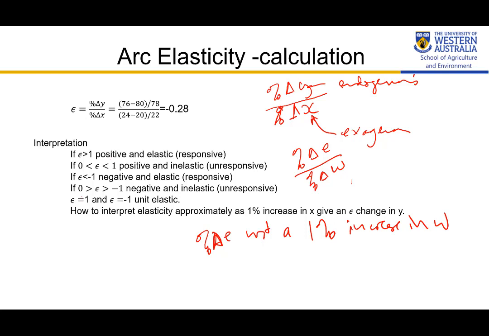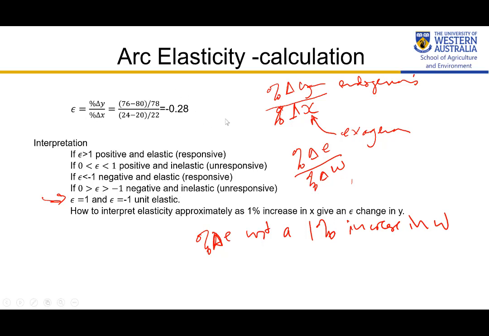If it lies between 0 and -1, then it's negative and inelastic. And then there are two borderline cases: elasticity equal to 1 and elasticity equal to -1, which are unit elastic.